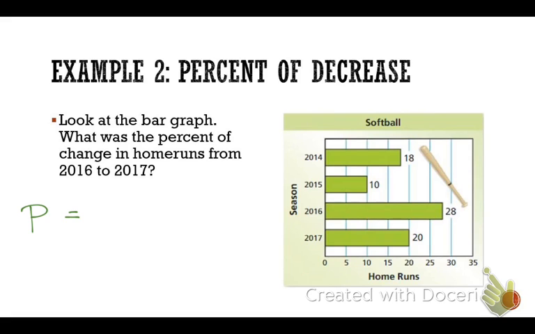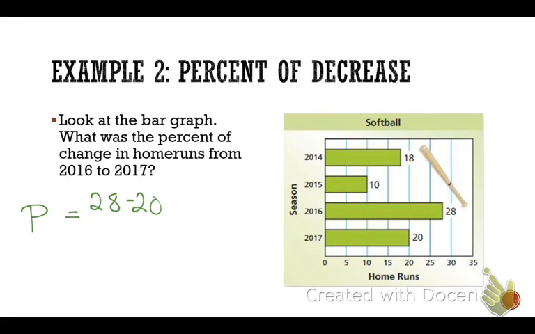AOC over ORG. So what am I going to subtract in my numerator? Your home run. Yeah, which is what numbers? 16 and 17. What numbers would I subtract? 28 and 20, guys. Okay, do you see where we got those two numbers? Yeah.